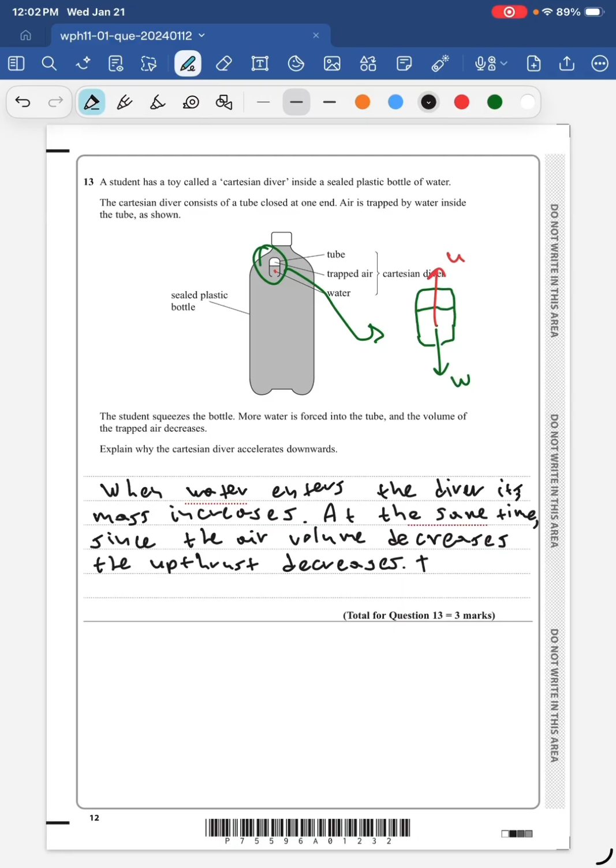So there is a resultant. In other words, the weight is larger than the upthrust. So maybe you can write that as well. So the weight of water, I guess, the weight becomes larger than the upthrust, right?